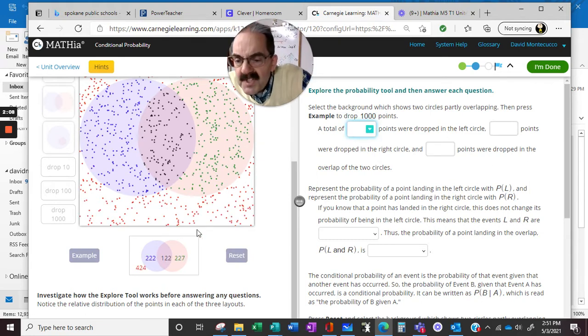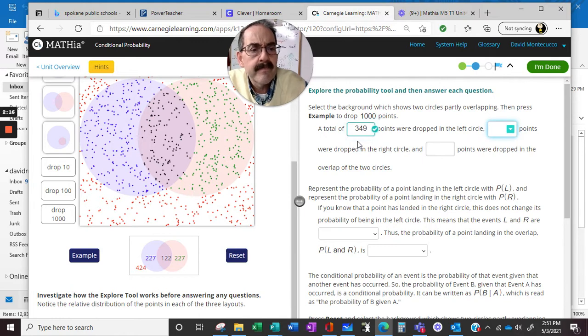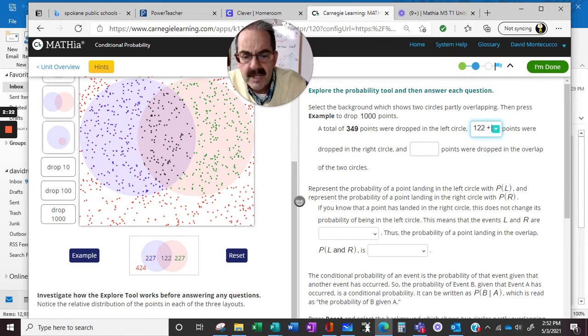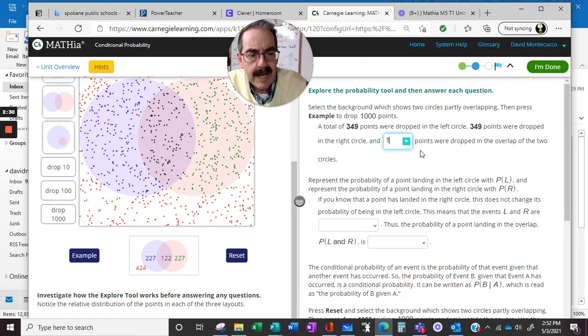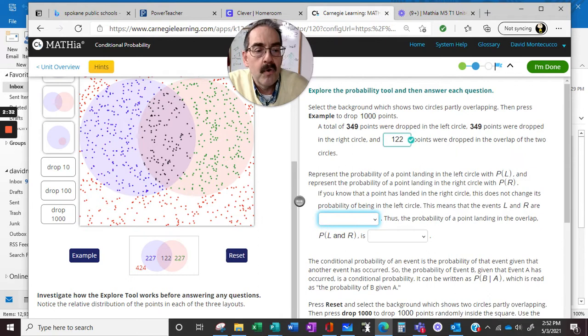In the left circle, 227 plus 122, and in the right circle, 122 plus 227. And blank were dropped in the overlap. Okay, we have an overlap.